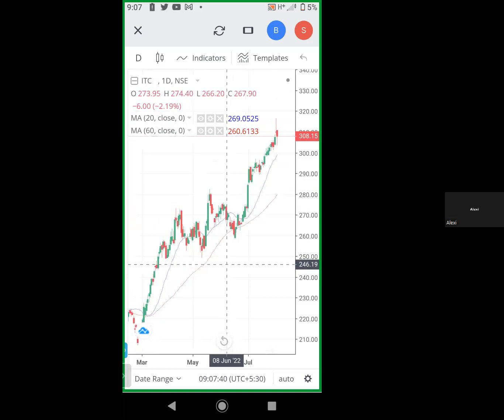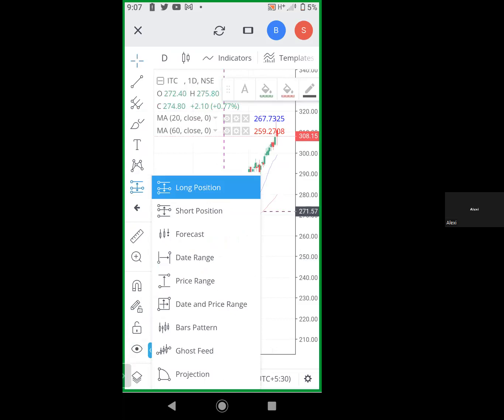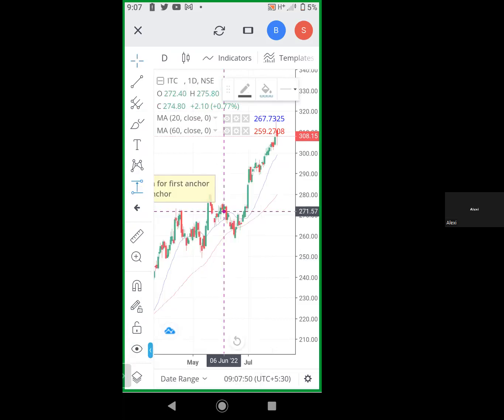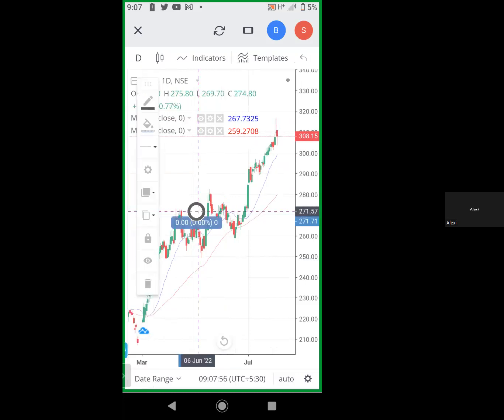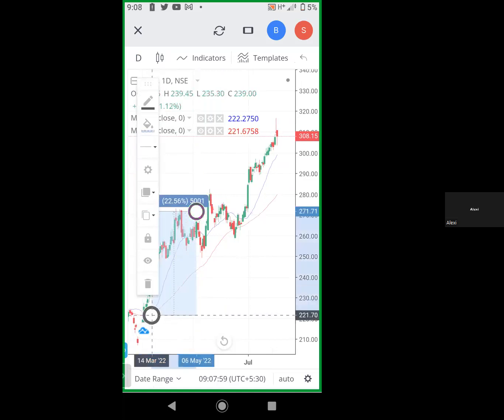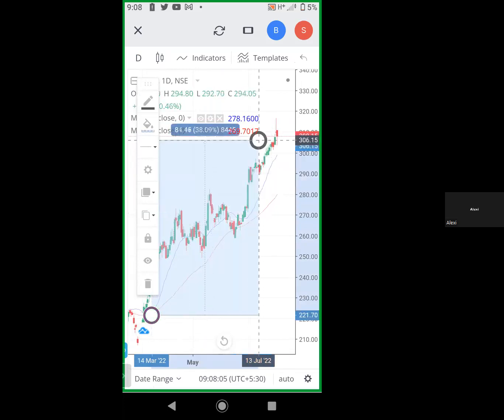Now I'm going to show you also the price gain that you get as a result. Okay, I'm going to select the price date. Let's say you entered at this point where the 20 period moving average began to go above, and you stayed until where the current price is.